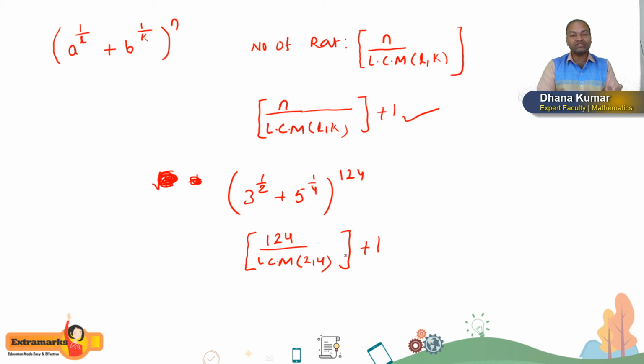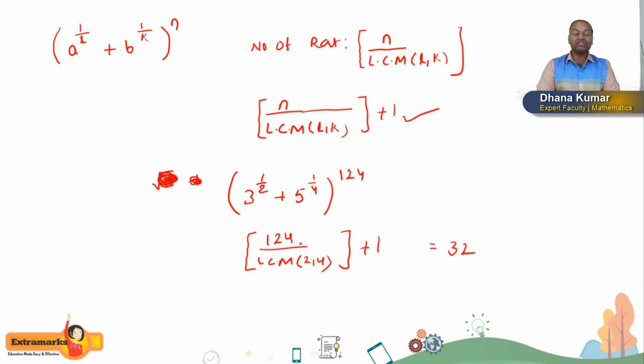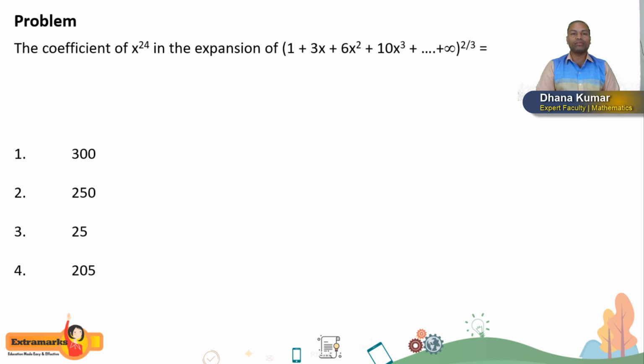Step of 31 is 31. 31 plus 1, 32. Even using the general procedure we got 32 only. If you know this formula, this is very easy. Otherwise you go for the first method only. Understood? Let us come to the next problem.